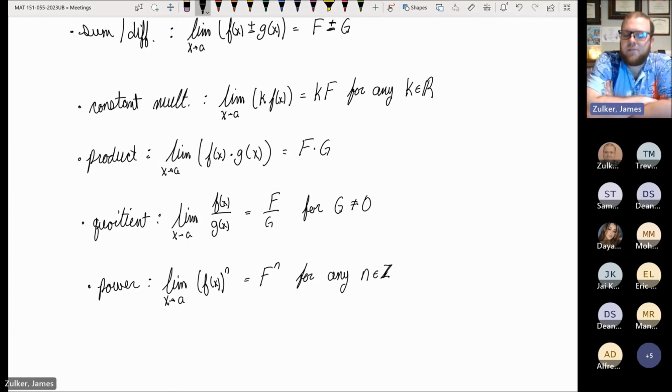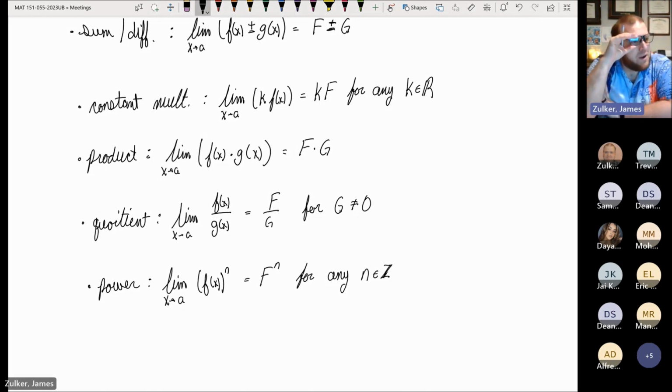If you take the limit of an integer power of a function, so limit of f of x raised to the nth power, it's just the limit raised to that power. And this is valid for any integer n.